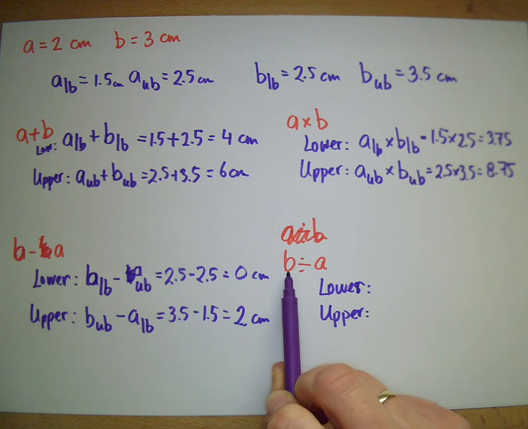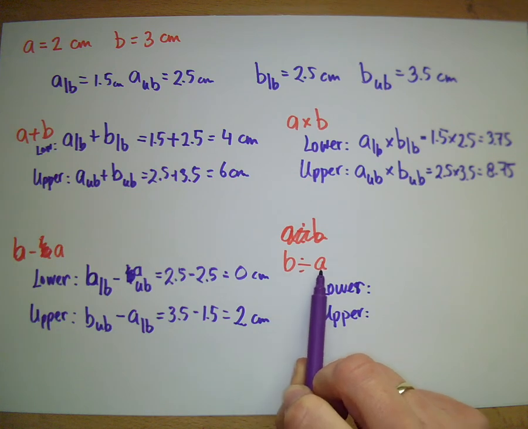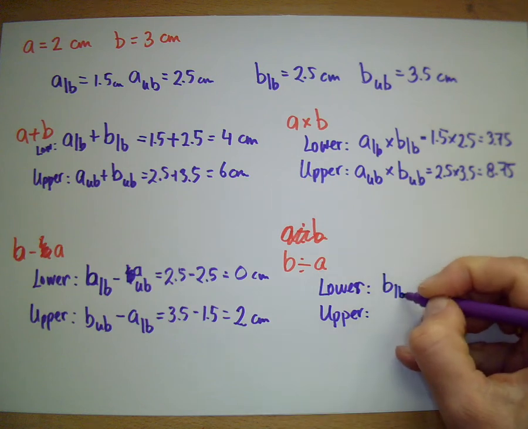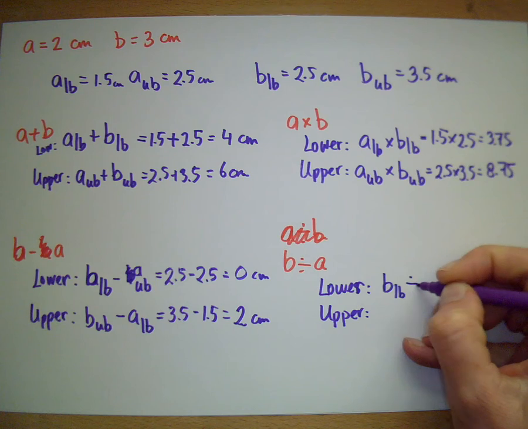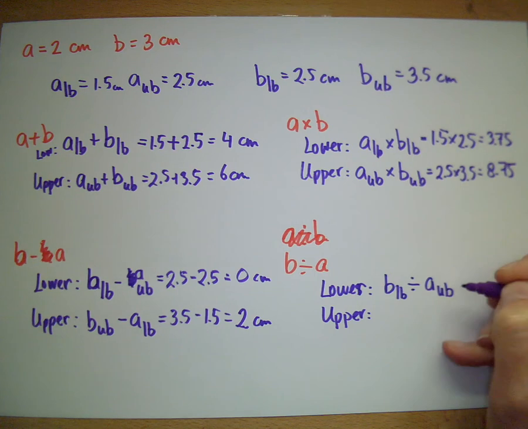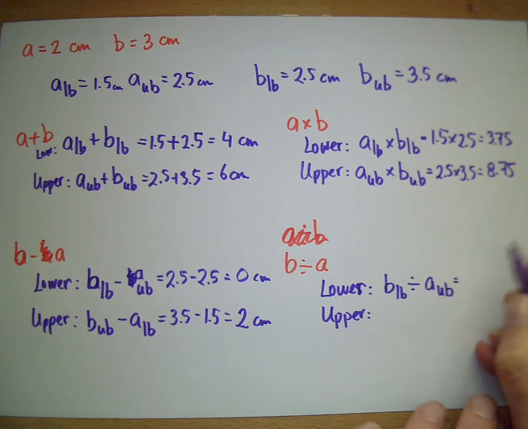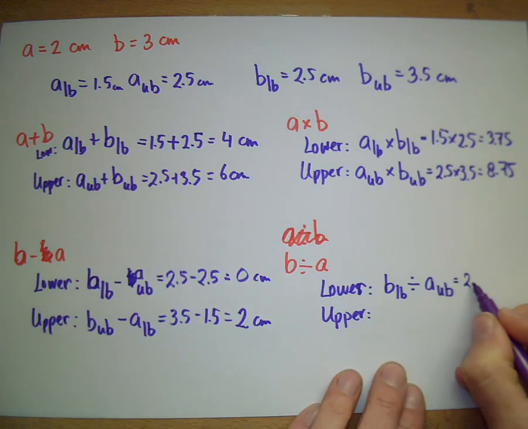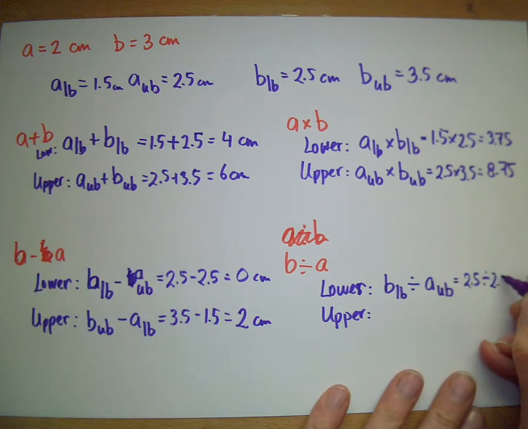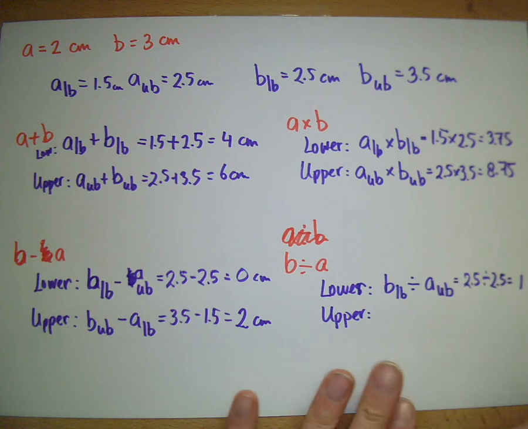If we start out with only a few lollipops and we divide them by a lot of people, right? So B's lower bound, not very many lollipops, and we divide it by as many people as possible, which would be 2.5 divided by A's upper bound, 2.5. We each get one lollipop.